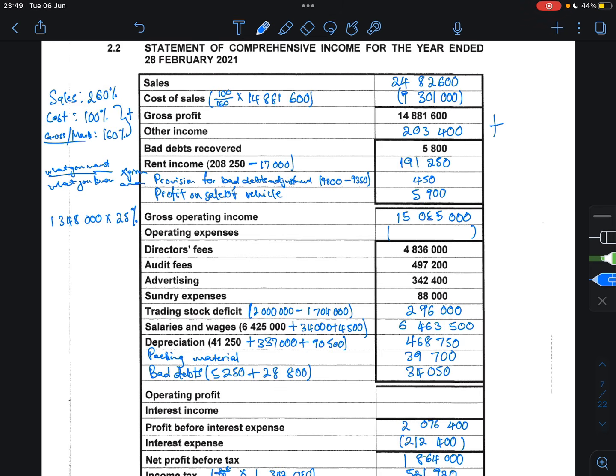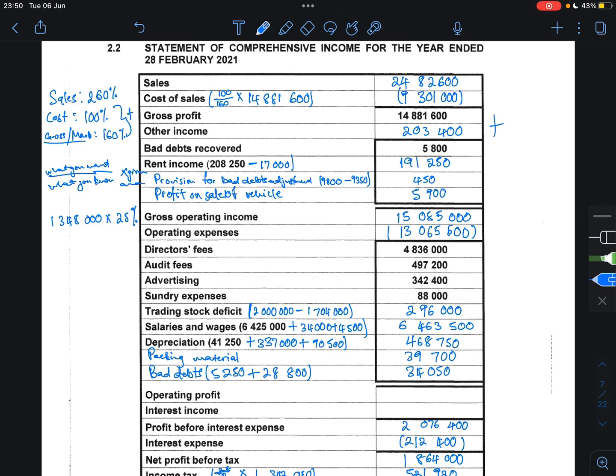Okay, so 6,463,500 plus 468,750 plus 39,700 plus 34,050, and I'm getting 13,065,600. Okay, let's calculate just one last time for a few seconds. Remember that every second you waste in that exam is really important.